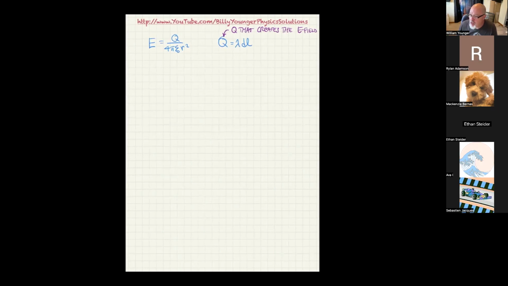If you take the charge per unit length, which is what the lambda represents, and multiply it by the little differential length dl, then you'll get the amount of charge in that little bit of length dl.